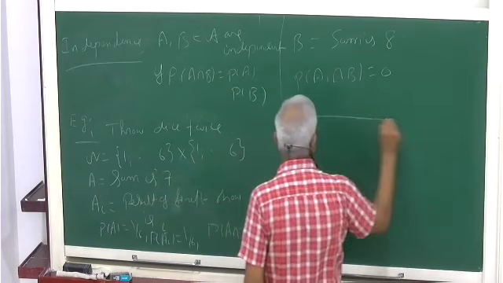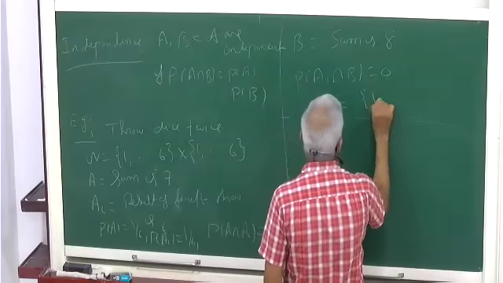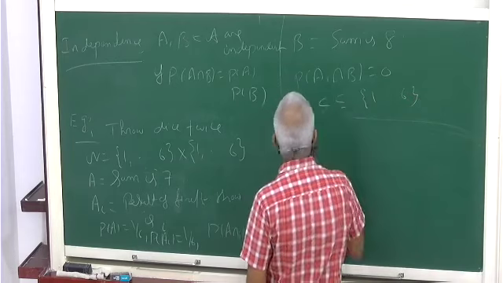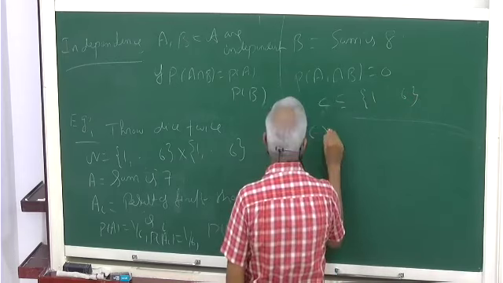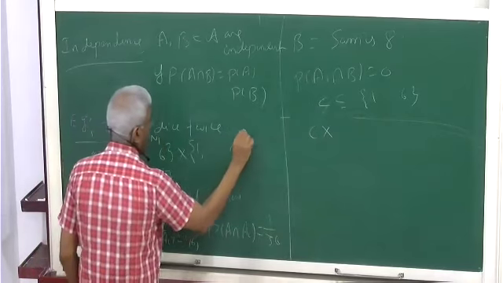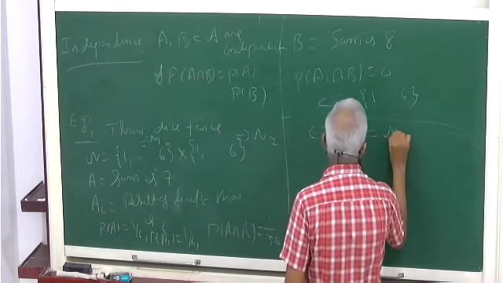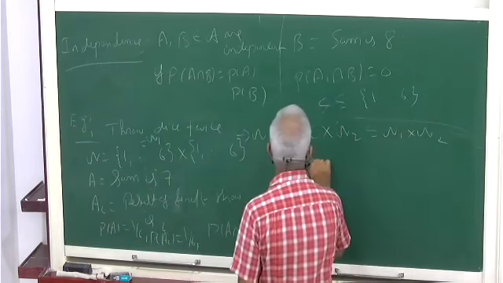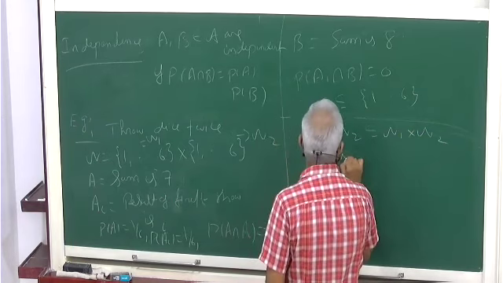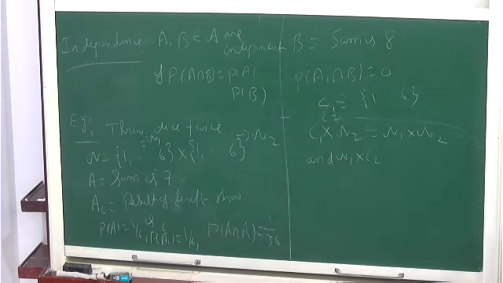So in this example, A is contained in 1 up to 6. C is contained in this. You call this omega 1, call this omega 2. Then C cross omega 2 is contained in omega 1 cross omega 2, and similarly C1 cross omega 2, and omega 1 cross C2. They are anyway independent.